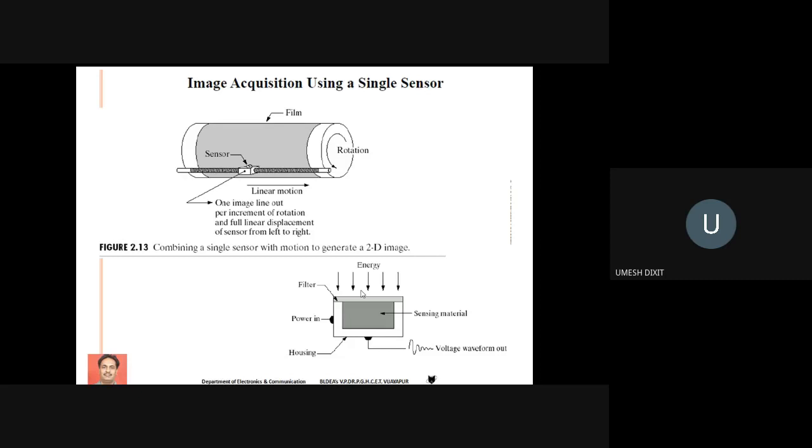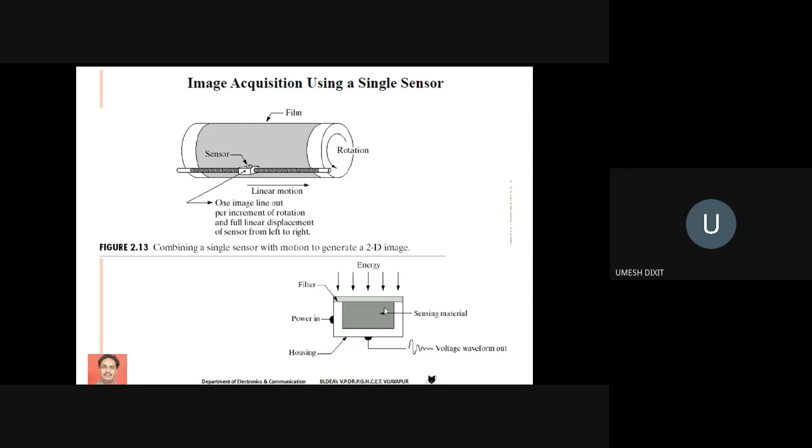Okay, so if you look at the diagram, this is the single sensor, so that it consists of some sensing material. Okay, and we require some amount of light or energy which should fall on the diode. Okay, and you might be having some filter to filter the amount of light falling on it. It requires some power. Here he has shown power in, and it requires some package which we can call as housing for the sensing material.